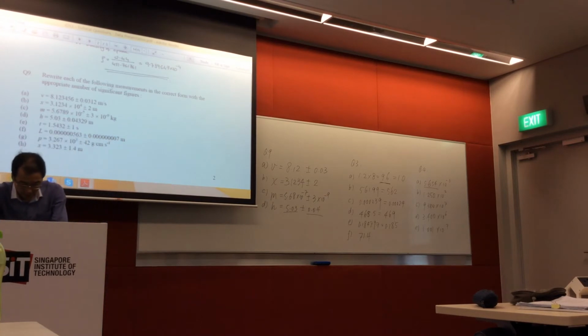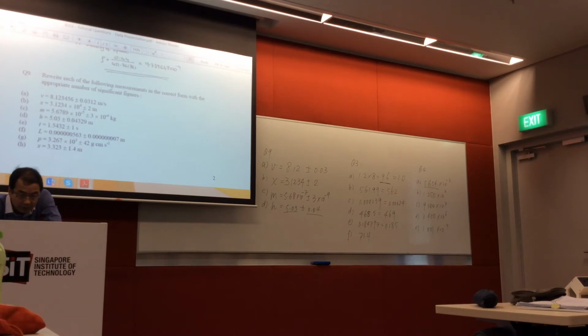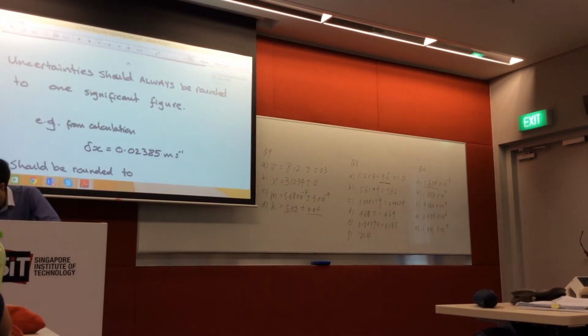This part I saw you were quite a bit confused. Let me show. I'm not sure whether the notes have it. If you look at your notes, you have two rules here.